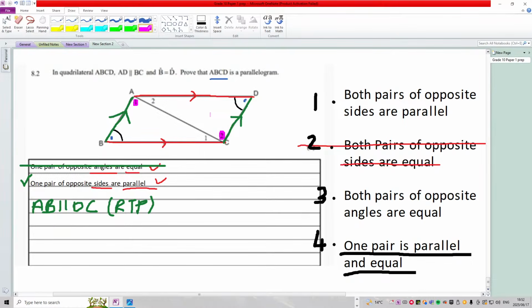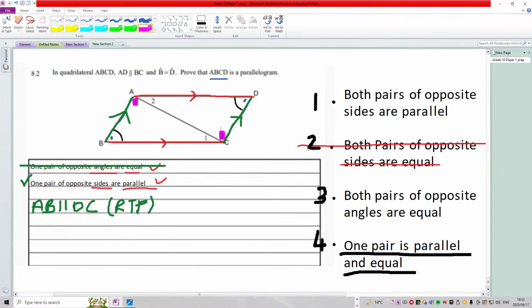If my alternating angles are equal, I can say that those lines are parallel. If the lines are parallel, I can say that the alternating angles are equal. So it works vice versa. So if I can find A1 to be equal to C2, I have then proven that AB is parallel to DC because of the converse of alternating angles.